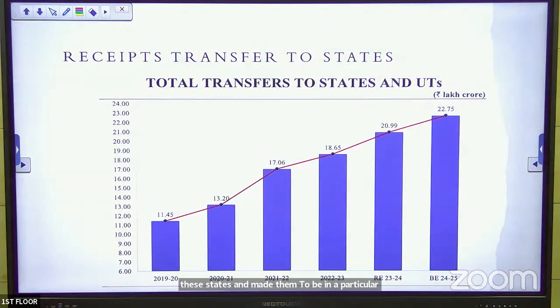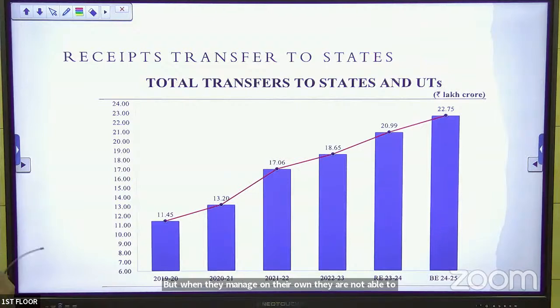You all know the meaning of the word buoyancy. So as the income increases, the tax collections should also correspondingly increase. So that buoyancy was maintained better by the states when it was giving the money to the states. But when they manage on their own, they are not able to do so very well.